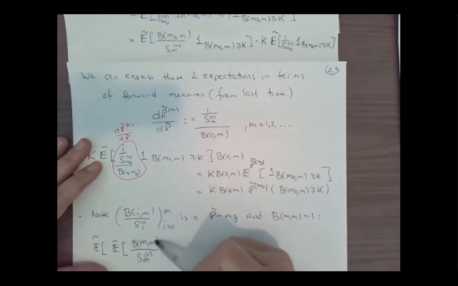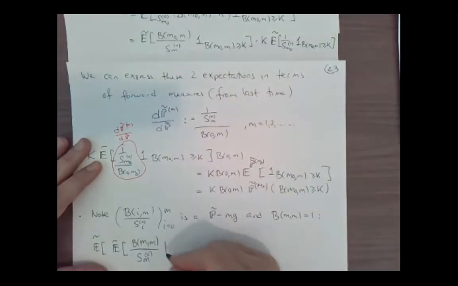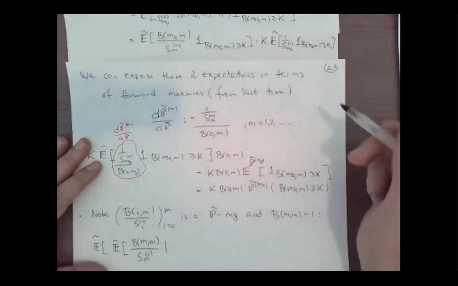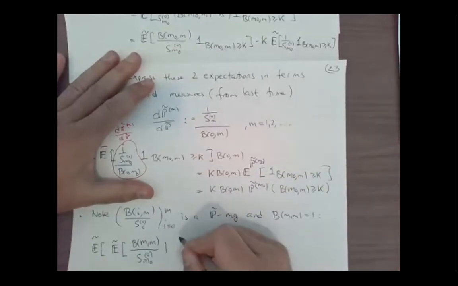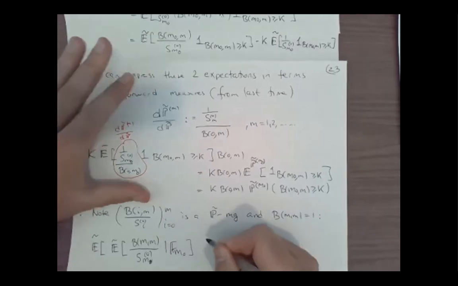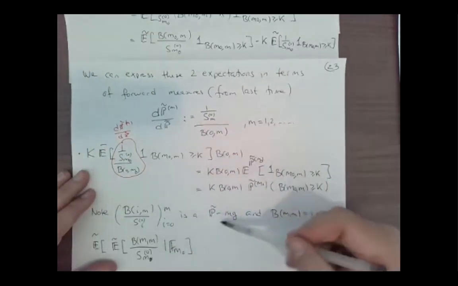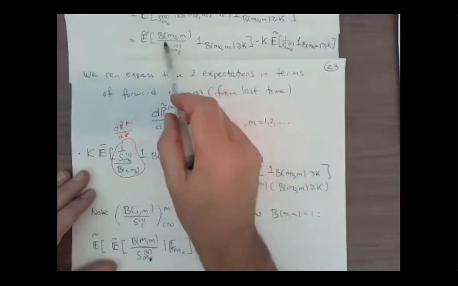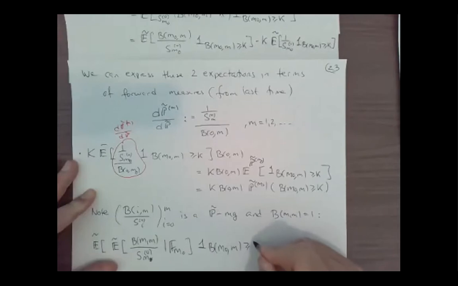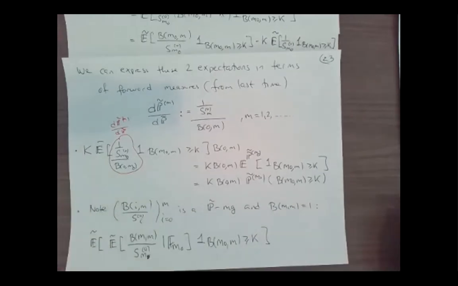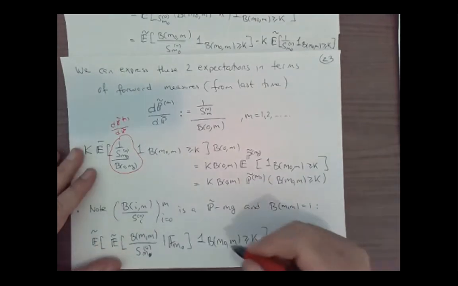If I want to get this term here to be the first one, I need to condition on F M0. Yeah, this is good because this is exactly the martingale property. When I compute this conditional expectation, I'm going to get the first term. Then I'll leave the other one. This is bigger than K. Now I'll use this quantity here. This is F M0 measurable.